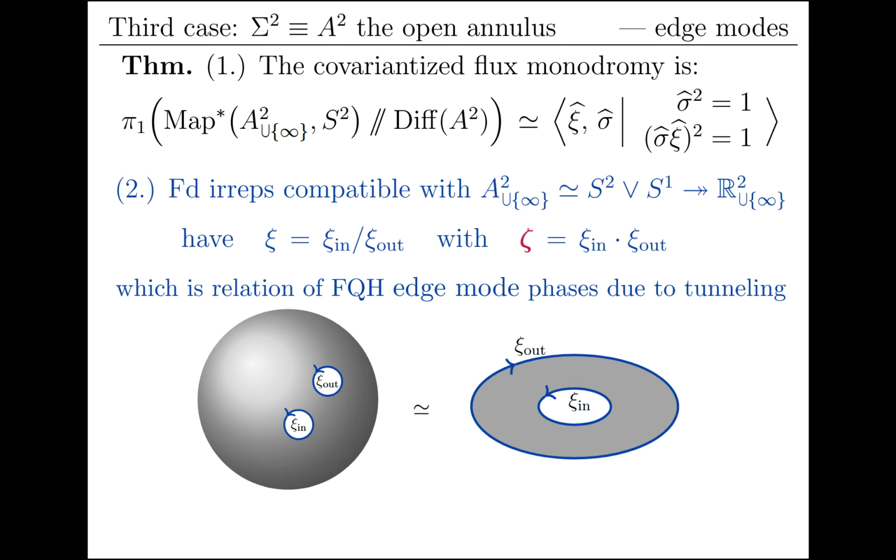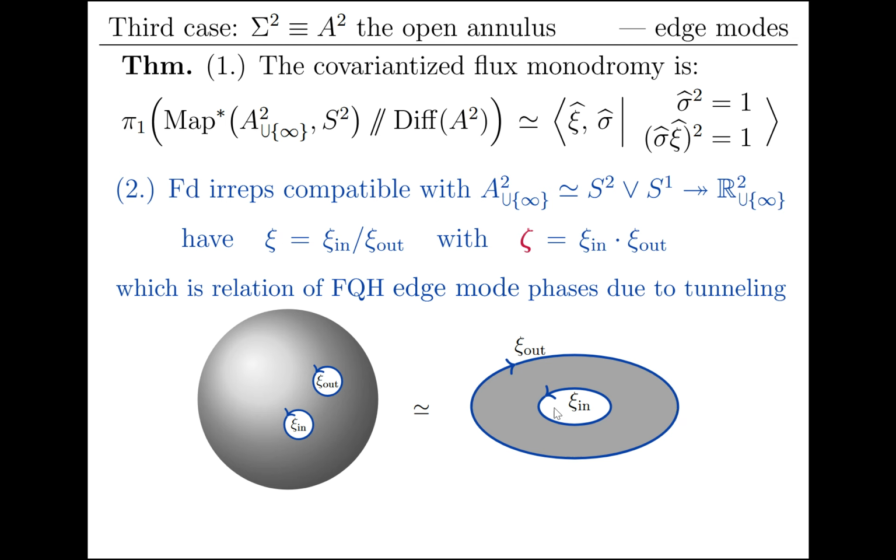And if you compare this to the fractional quantum Hall literature, you see this is exactly the relation that is satisfied by the momenta, sometimes called the fermion momenta, the exponentiated fermion momenta of the edge modes that are meant to be running around chirally, meaning in one direction, around the edges of such fractional quantum Hall systems.